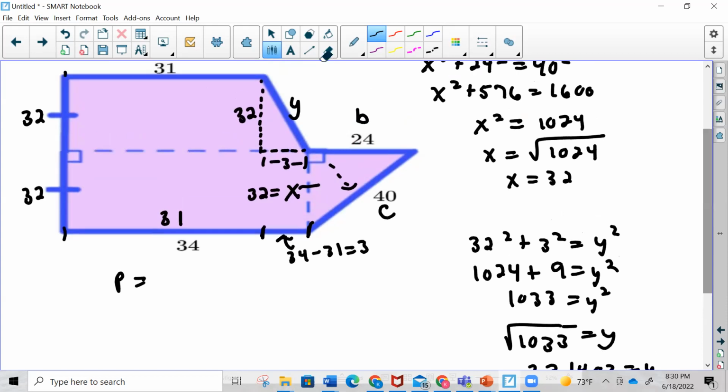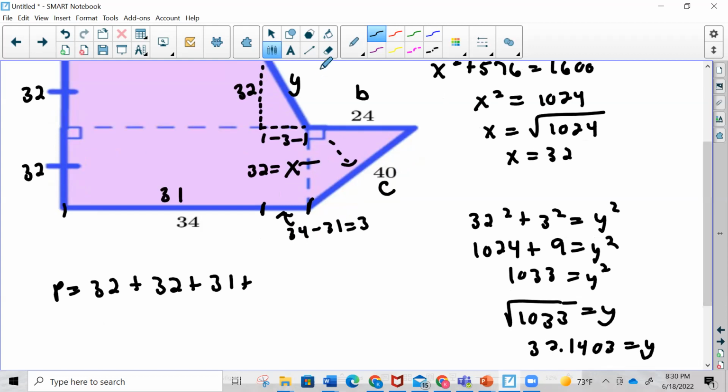And then from there, we're going to find our perimeter. So again, our perimeter is we just go around our figure and add all the sides. So if I start here, I'm just going to go around. So I have 32 plus 32 plus, and then I have this side, which is 31, plus this side, which was y, which was 32.1403, plus 24, plus, then I'm going to go down here, 40, plus 34.